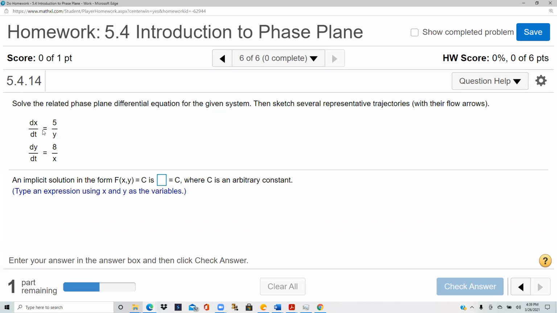Okay, so now you have to solve this phase plane differential equation and sketch.